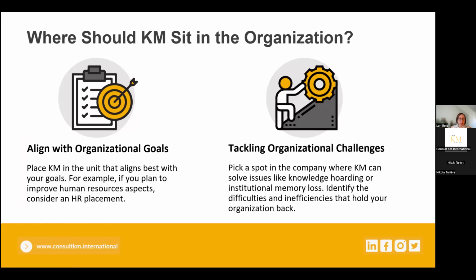According to a 2022 benchmarking survey by APQC, 28% of respondents working in KM report to human resources. 26% indicated that KM staff reported to the C-suite, meaning that there is a chief knowledge officer, or that it has its own business unit or department. 14% report to information strategy or IT, and 9% reported to operations. The remaining 23% of respondents said that KM staff report to various functions within the organization.